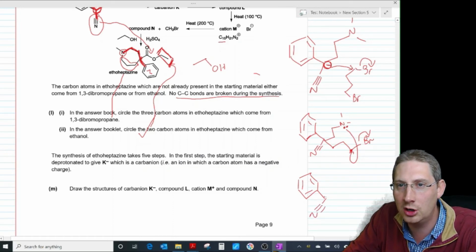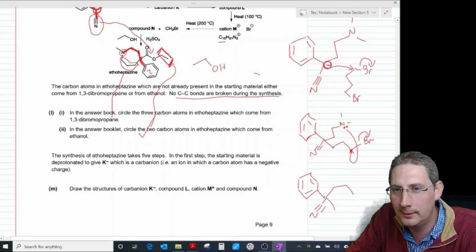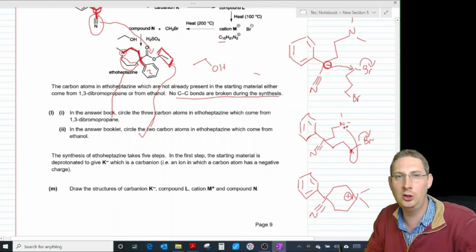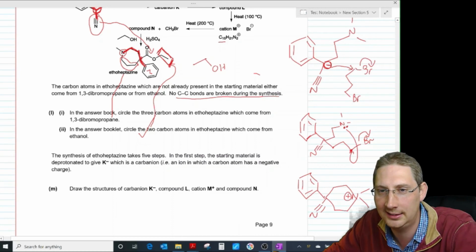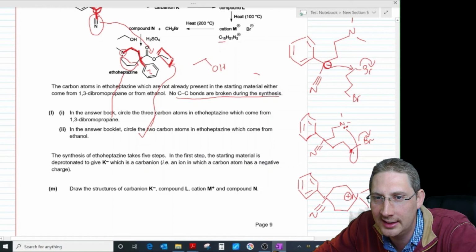So now I've got 1, 2, 3 from the 1,3-dibromopropane, 1, 2, the nitrogen, which is positive, that's where the carbocation comes from, and 2 bits sticking up like that. Okay, it has 15 carbons, 6, 7, 8, 9, 10, 11, 12, oh gosh, does it? 1, 2, 3, 4, 5, 6, 7, 8, 9, 10, 11, 12, 13, 14.